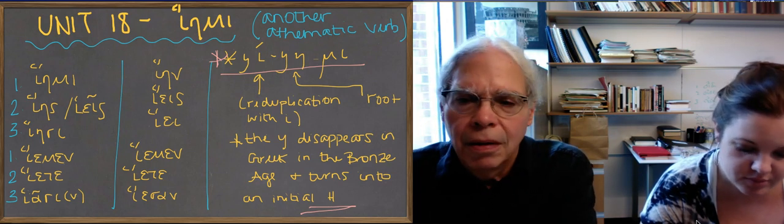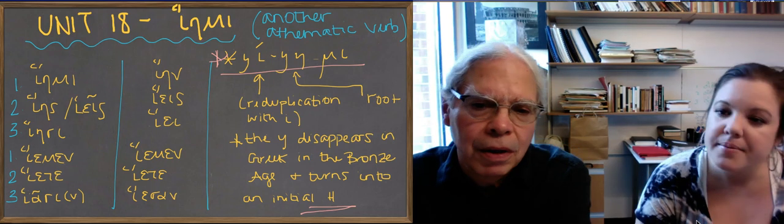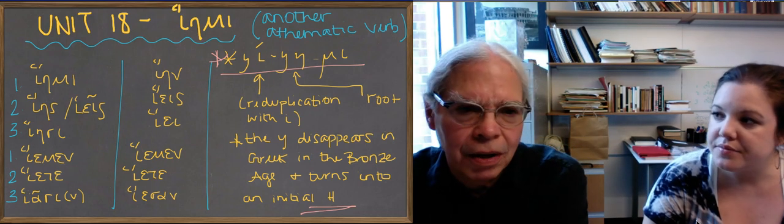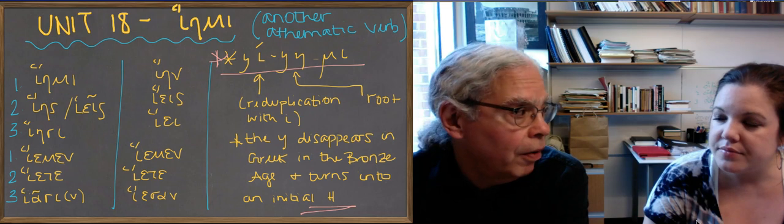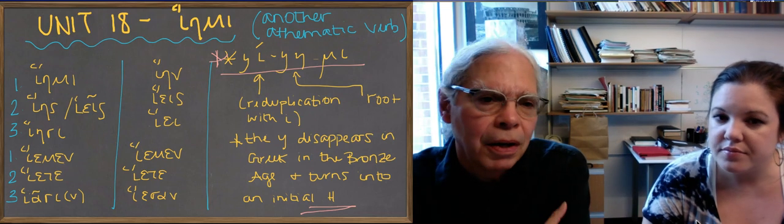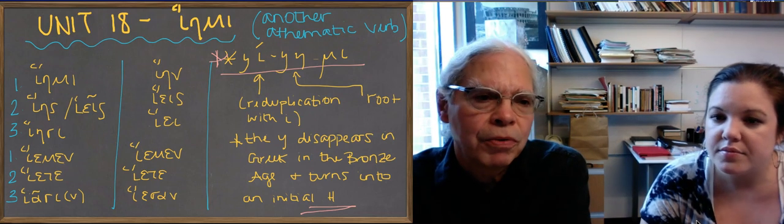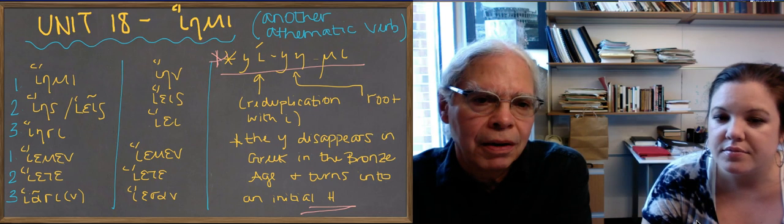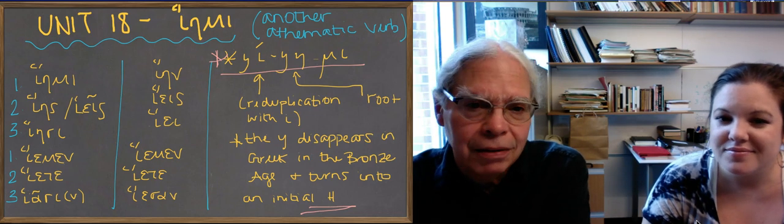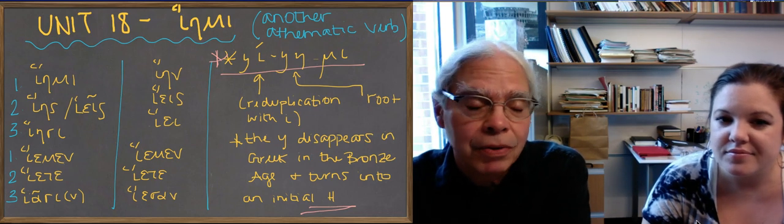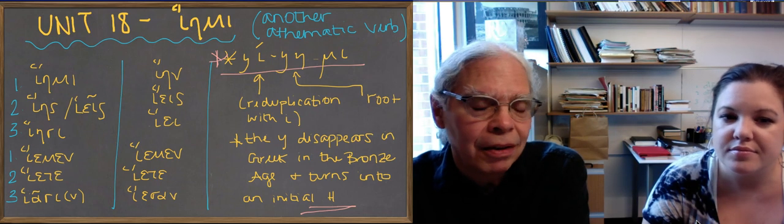Okay. The other aspect of it that's like τίθημι is that you have change in the vowel in the stem. That is, in the present singular you've got an eta. That's really the root, without the y, and you've got the h.